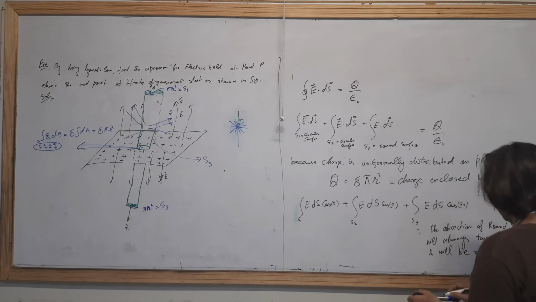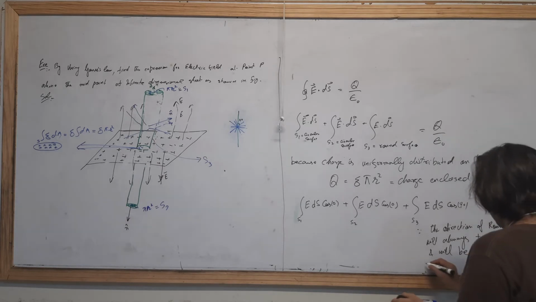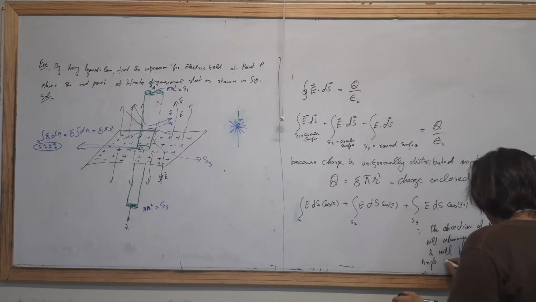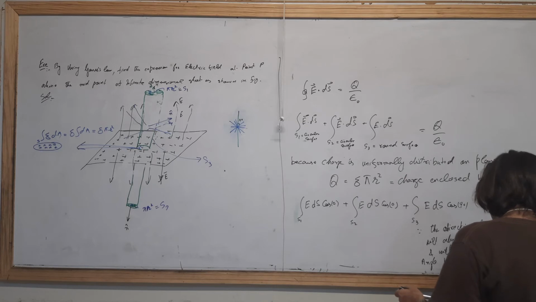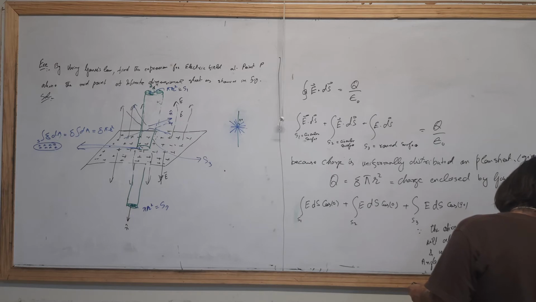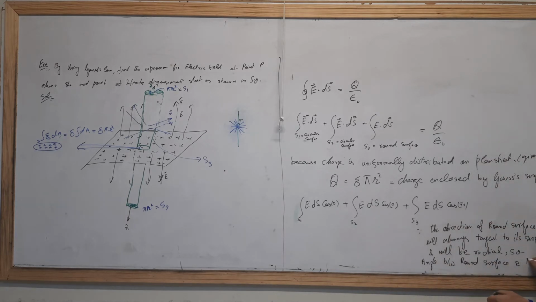So the angle between the round surface and E will be pi radian, or 90 degree.